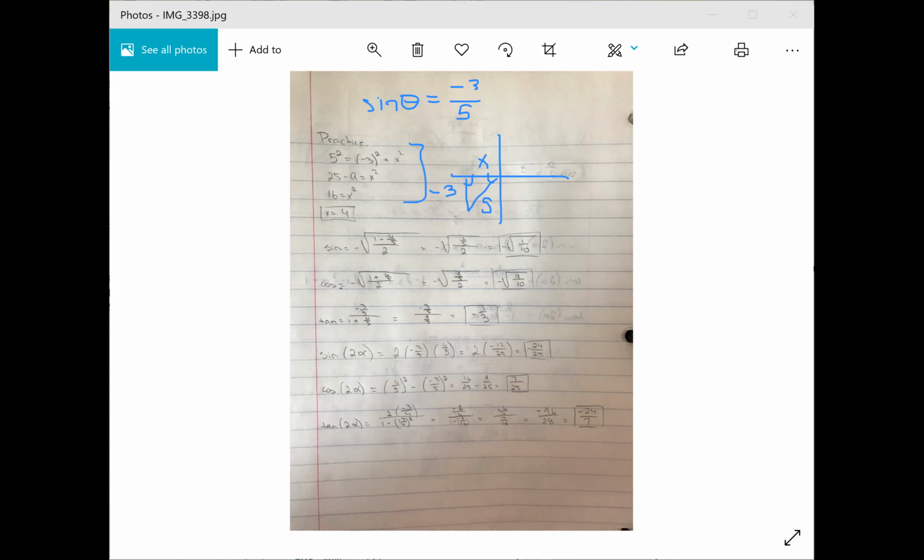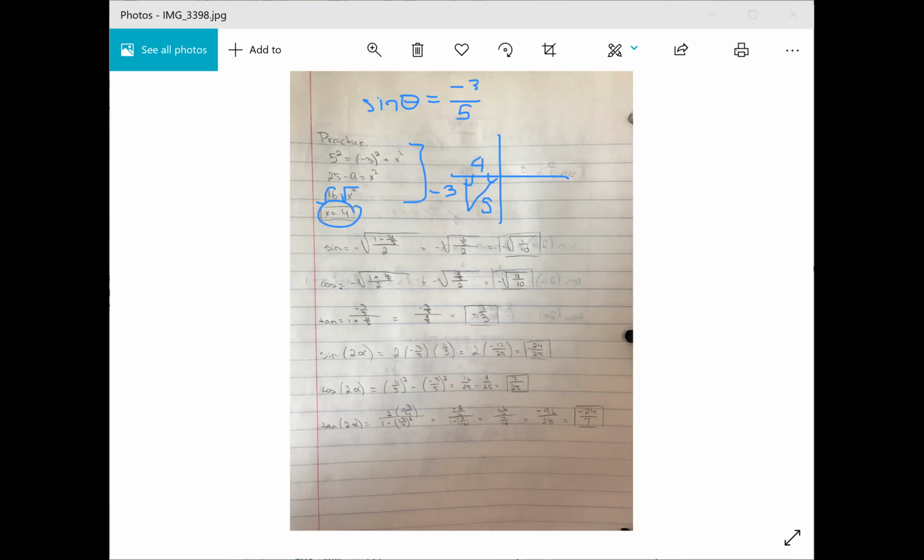All you have to do is 5 squared is 25, and then -3 squared is 9. So you get 25 minus 9 is 16, equal to x squared. And then you can take the square root of both sides. The square root of 16 is 4. That means that this missing side over here was 4.